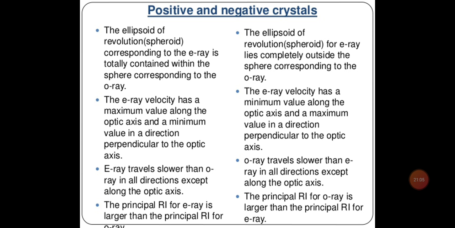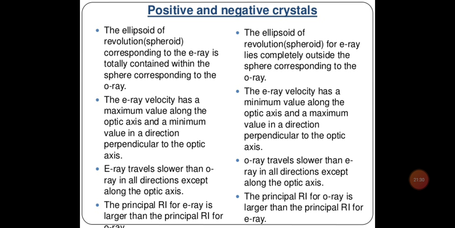I will go to the other points. In the case of the positive crystal, the velocity of the ordinary ray is constant in all directions, and the velocity of the extraordinary ray varies with the direction. It is maximum and equal to the velocity of the ordinary ray along the optic axis, and it is minimum in the direction perpendicular to the optic axis.